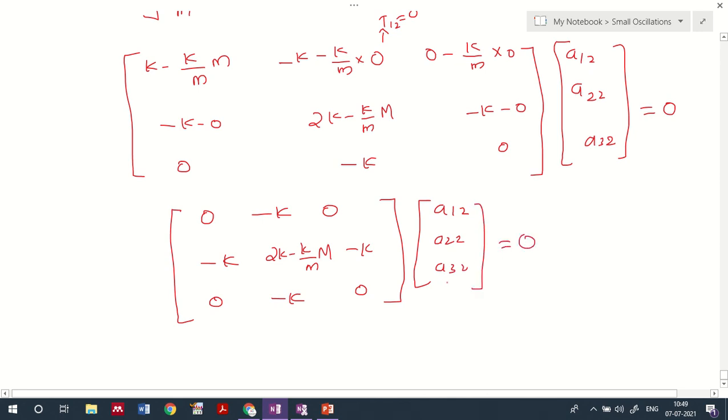So we get the corresponding matrix representation. Now if you equate the first row, we will get minus k a12 equal to 0.